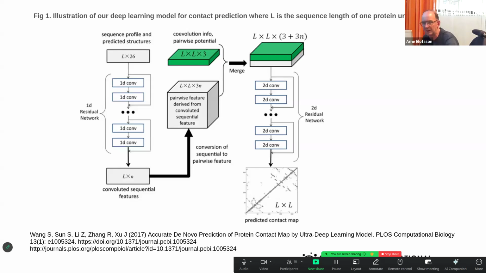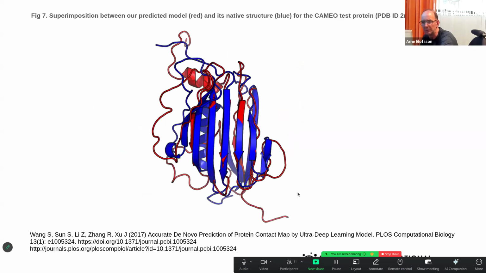And then you have a number of layers here that predict. You merge them together, so you have an L by L by some number of channels network, and then you do a 2D convolutional network as deep as you can, and you predict the contact map. So basically you start with some sort of contact map, we add information from the sequence as an extra layer, and you can build the contact map. And that was a clear improvement.